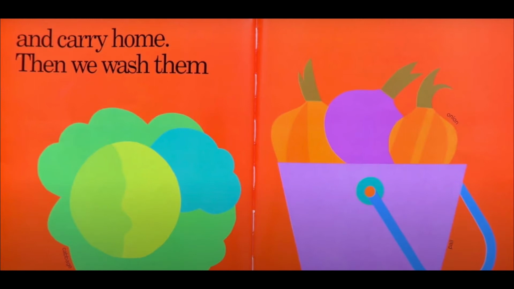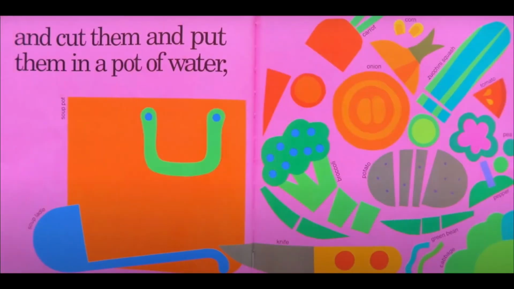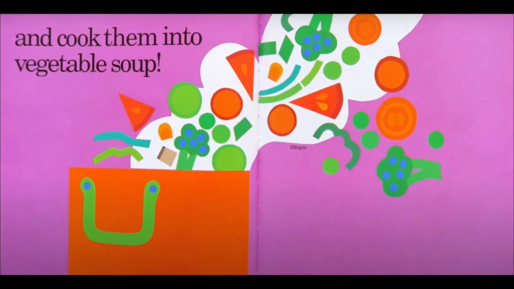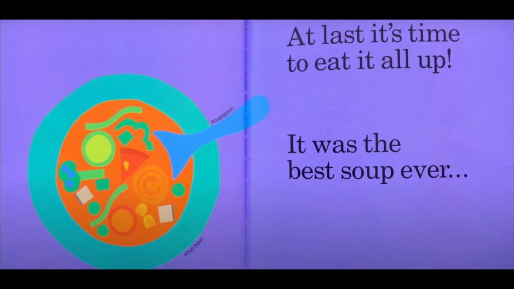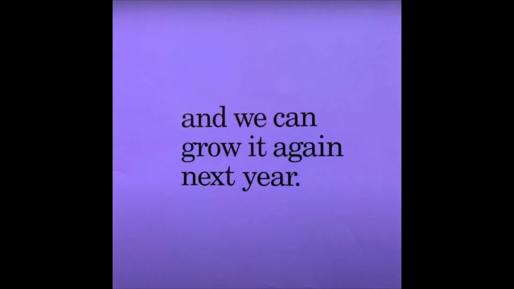Then we wash them and cut them and put them in a pot of water and cook them into vegetable soup. At last, it's time to eat it all up. It was the best soup ever. And we can grow it again next year. The end.